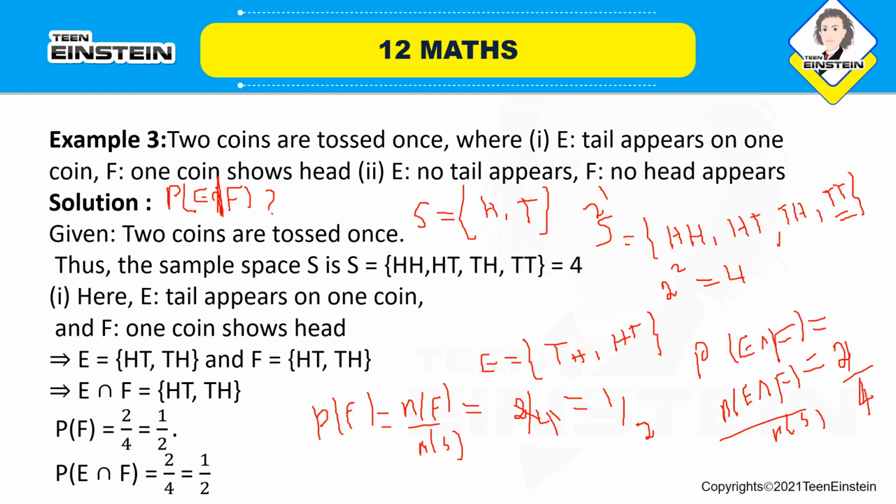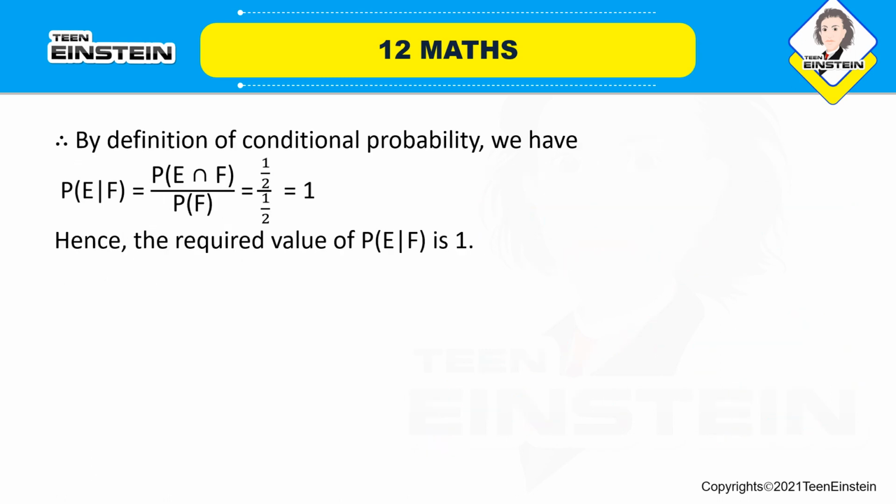So 1 by 2. P of E intersection F is 1 by 2. P of F is also 1 by 2, right? So P of E given F is P of E intersection F by P of F. So this is 1 by 2 by 1 by 2. You can cancel 1 by 2, then you are getting 1. So the required value of P of E given F is 1. We will stop with this. We will see the remaining in the next class.